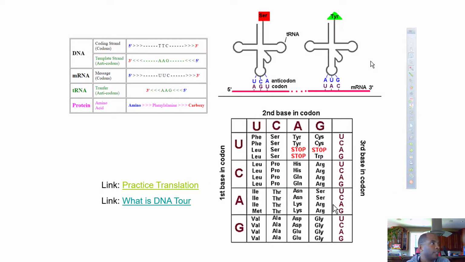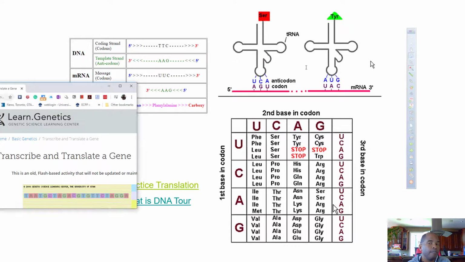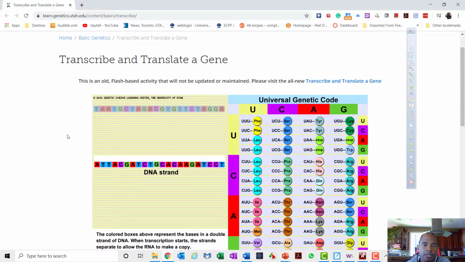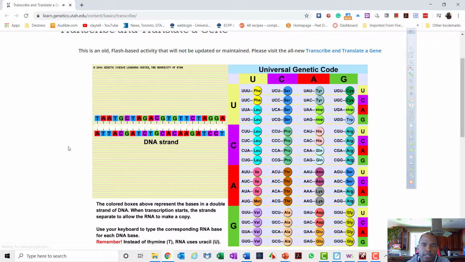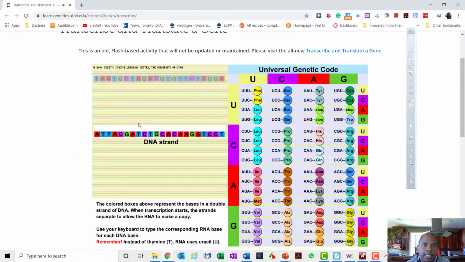So let's practice our translation here. And we're going to practice it for the first time. Let me just refresh this page. So I encourage you to play with this as well. So this is a DNA strand. The DNA strand opens up, and then you're going to write down the complement. So what is a complement for A?